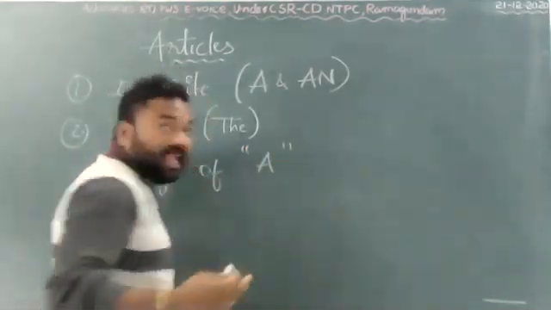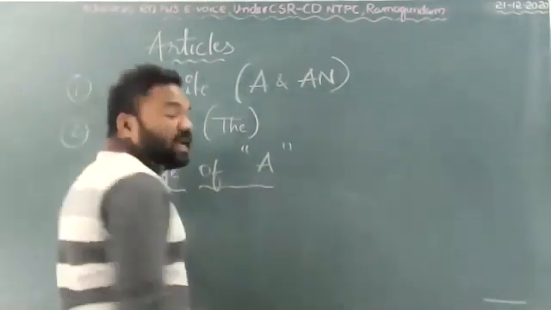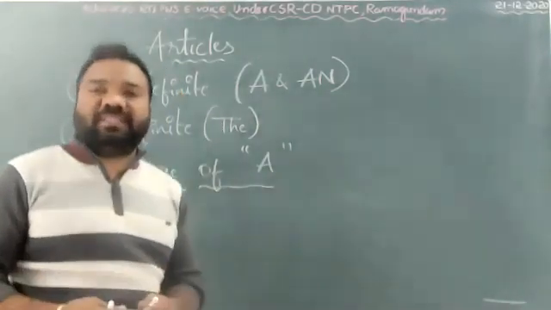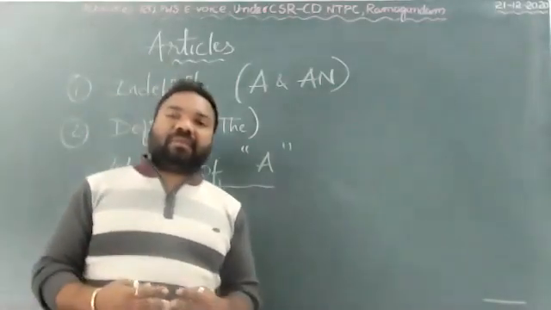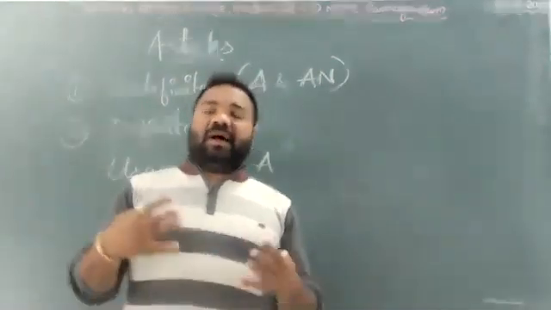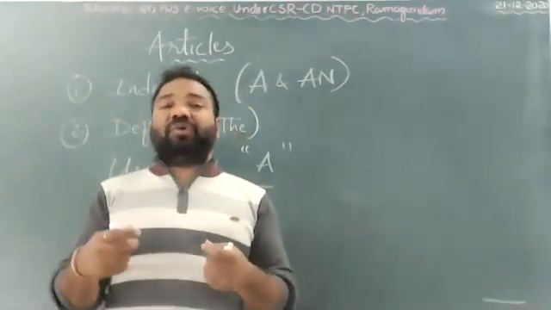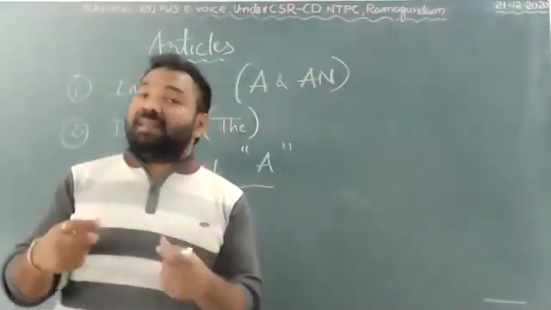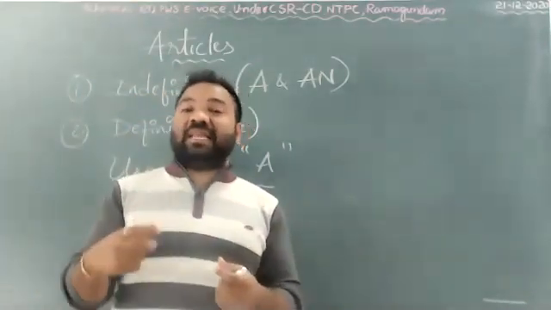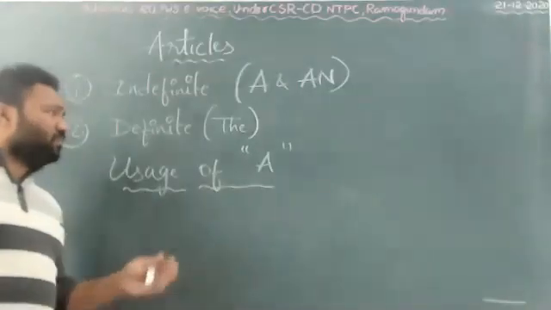Students, I must remind you, most of the students since their childhood have been pronouncing this letter a in a particular way, but we have to make it sound like a, not a. Okay, so let's see this a.